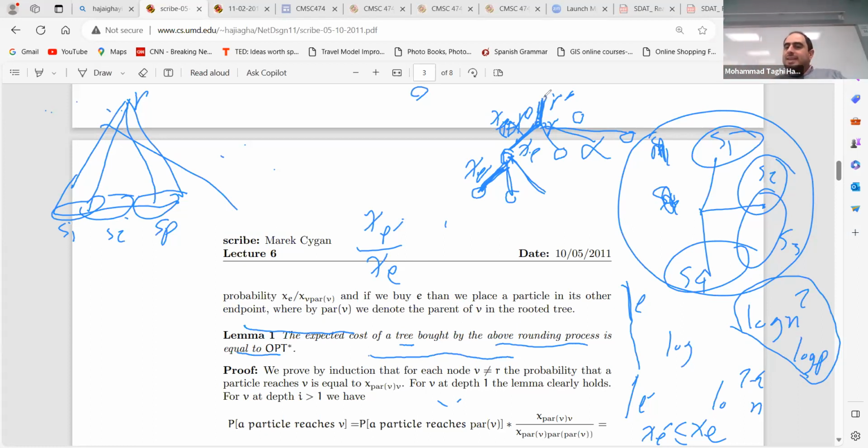If you add this edge for the root, that would be the same thing, because this guy has X of E equal to 1, so X of E over 1 would be the same. So this is important. Each edge I will buy with probability X of E prime over X of E, where E is the parent edge of this vertex.